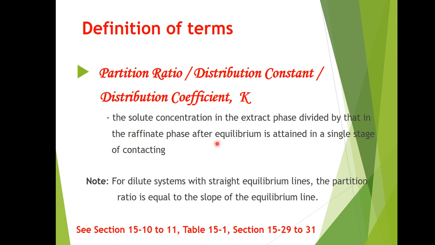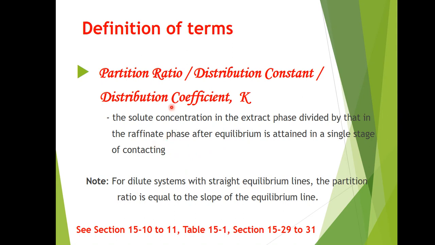This is the solute concentration in the extract phase divided by that in the raffinate phase after equilibrium is attained in a single stage contacting. Later on in this slide, you will see how to represent the concentration in the extract and in the raffinate, and the same with the concentration in the feed and in the solvent.